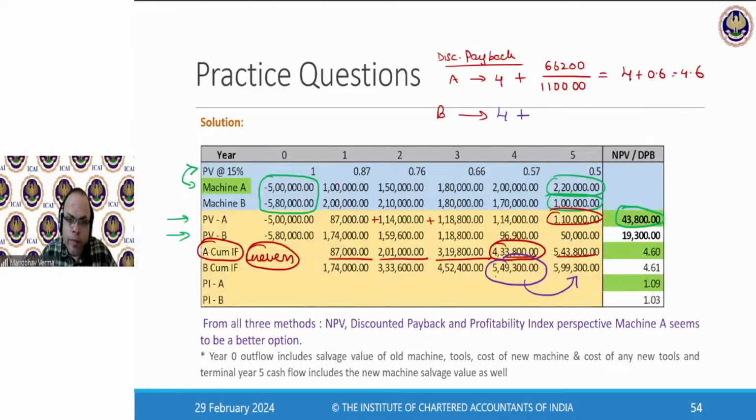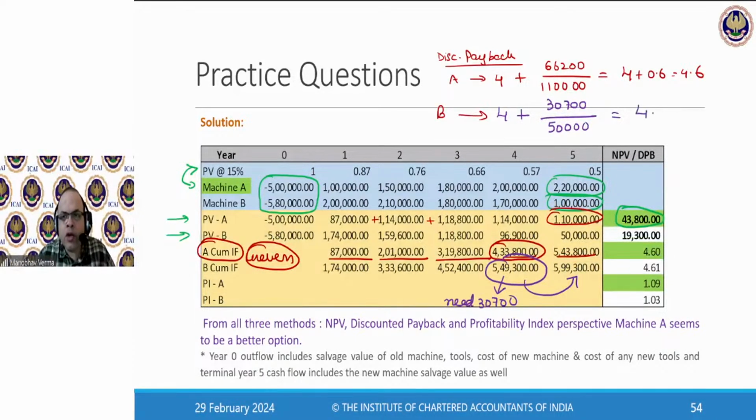How much more to go? We need 30,700 to make it 5,80,000. And in the fifth year, you have 50,000. So 30,700 divided by 50,000, I'm getting 0.61.